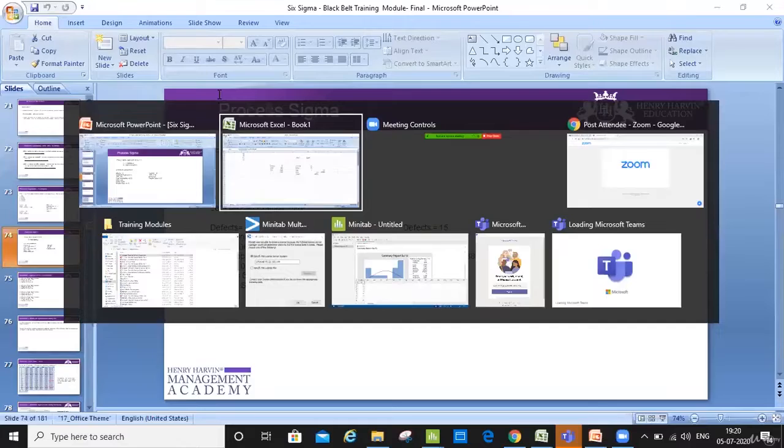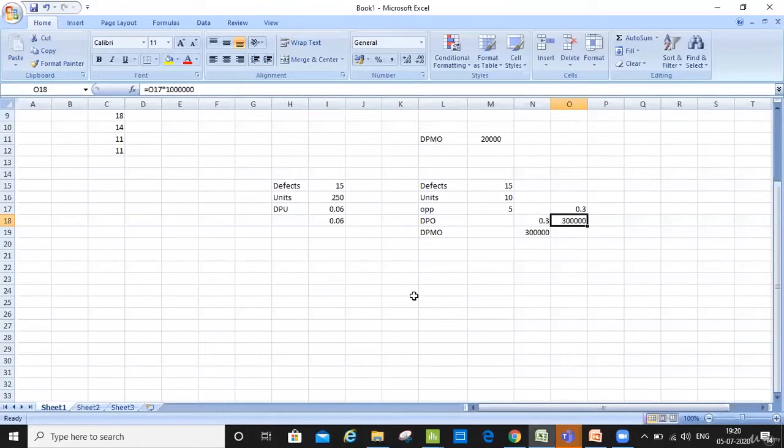So let's use the same example. I have 15 defects and 250 units. If I want to calculate the sigma level, it's very simple.